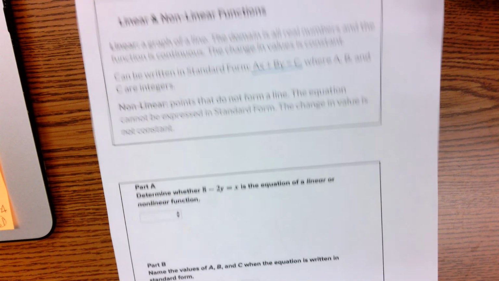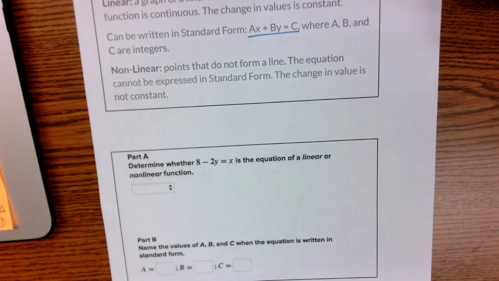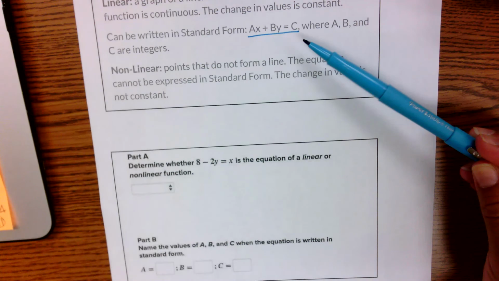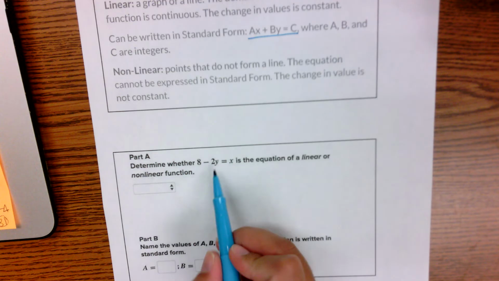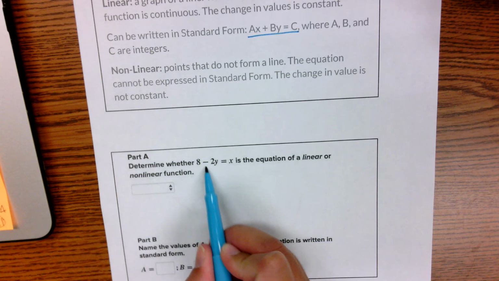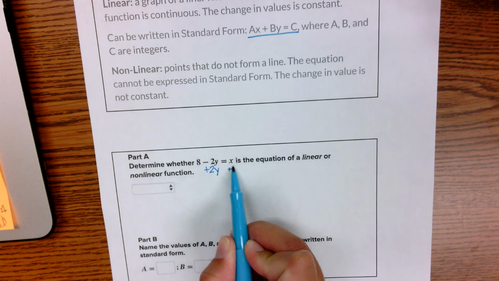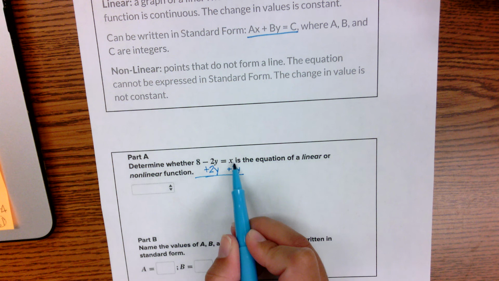So let's look at an example of an equation asking if it's linear or nonlinear. Again, we're trying to get it in the form of ax plus by equals c. So to start, I need to move my terms so that they're on the same side. I'm going to add 2y to both sides because that will make my x stay positive.